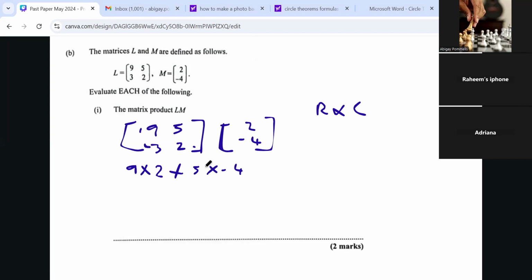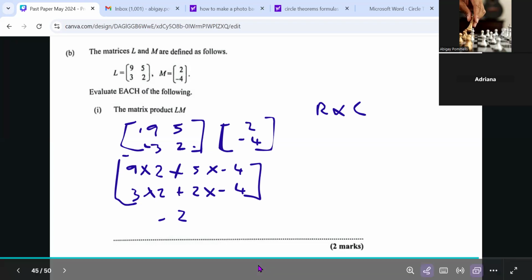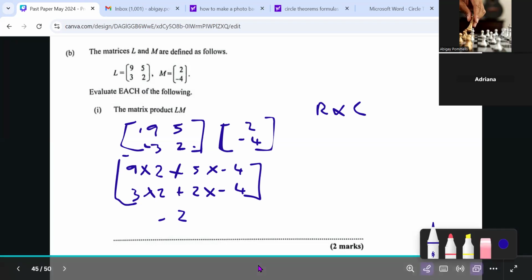The second: 3 times 2 plus 2 times negative 4. 9 times 2 is 18, plus 5 times negative 4 is negative 20, so 18 plus negative 20 is negative 2. 3 times 2 is 6, plus 2 times negative 4 is negative 8, so 6 plus negative 8 is negative 2. So this is our answer right here.